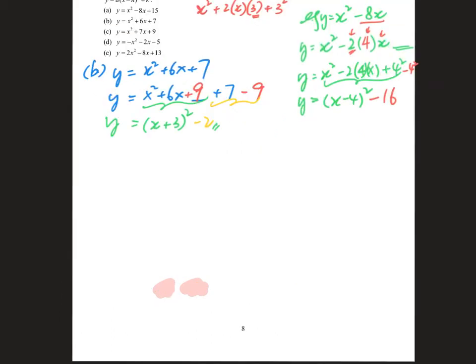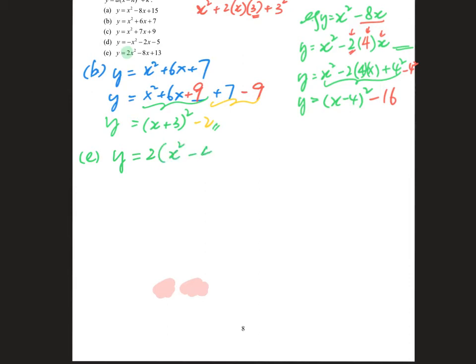Next, we take a look at part E, which is quite terrible because the a is not just 1, but it's 2. The little technique is that we don't include it in the completing square, which means, first of all, we have to take out 2 as the common factor.